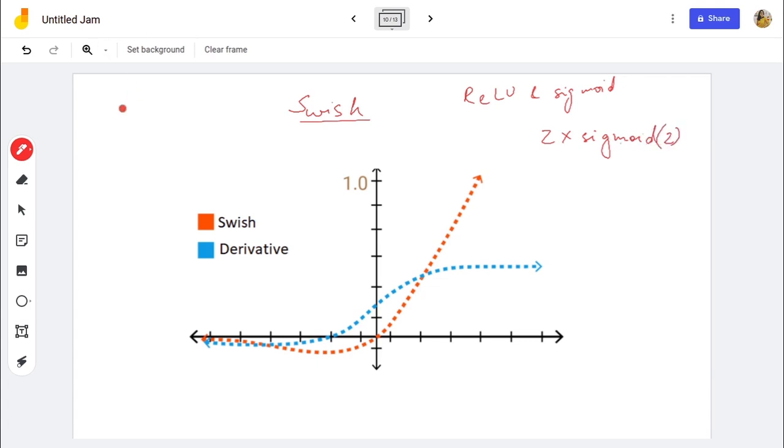By the way, sigmoid of z is also written as this. The derivative will be equal to sigmoid of z plus z into sigmoid of z into 1 minus sigmoid of z. This is the derivative of the swish function.